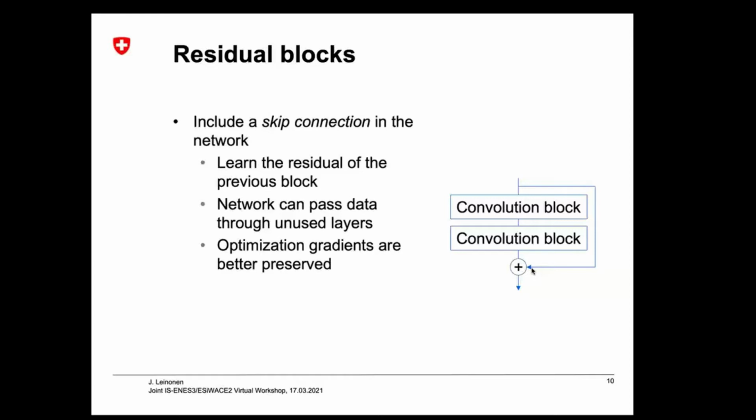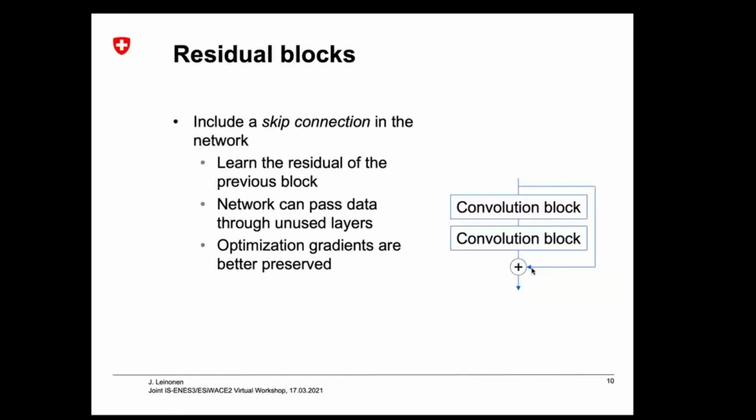And this means that the network can pass data through layers that we aren't using, because it's fundamentally quite easy for these blocks to learn just to do nothing if these blocks are not needed. And this in a way solves, or at least helps solve, the problem that we don't really know how many layers we would need to have in our networks, because in this kind of residual setup we can have a large number of layers, and then the layers that we are not using can simply remain inactive.